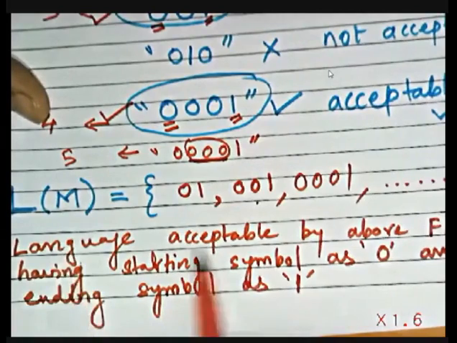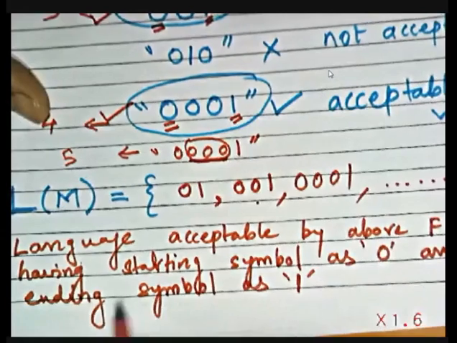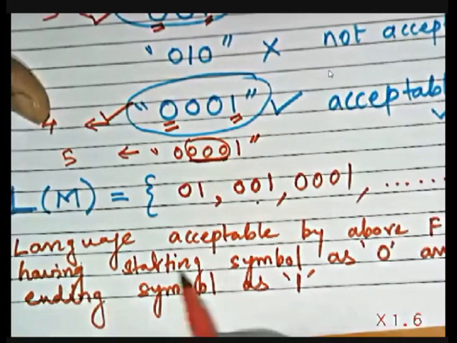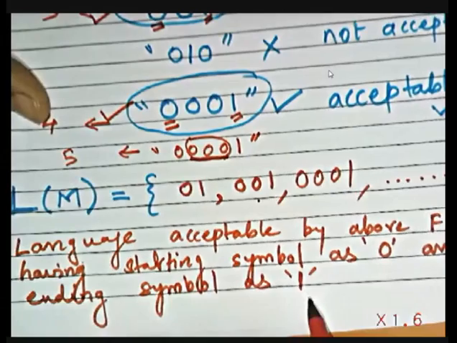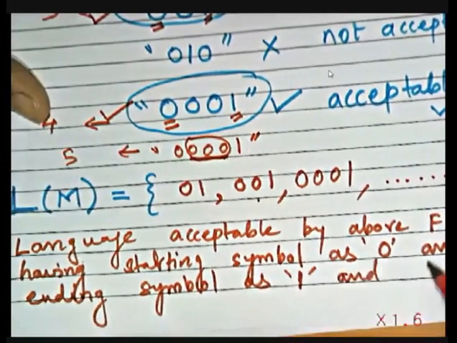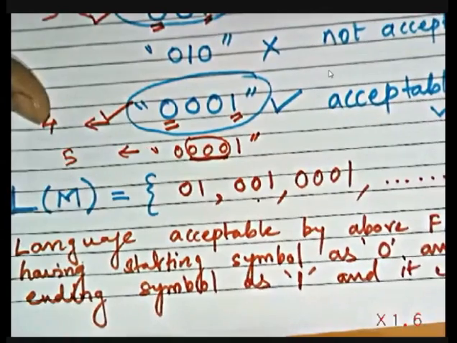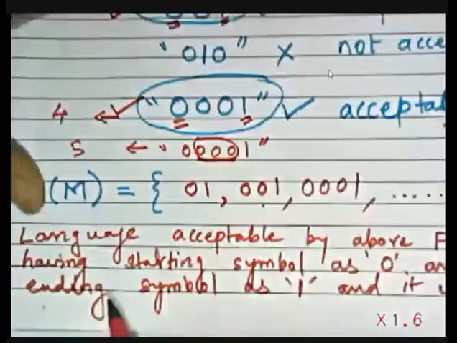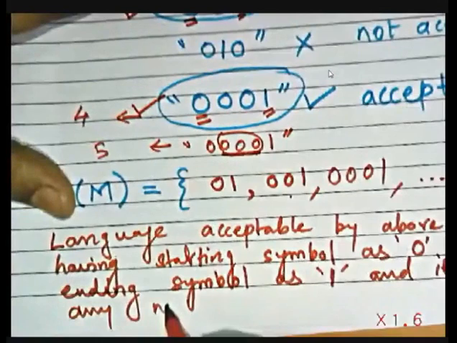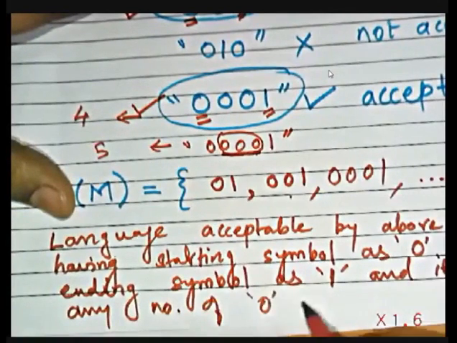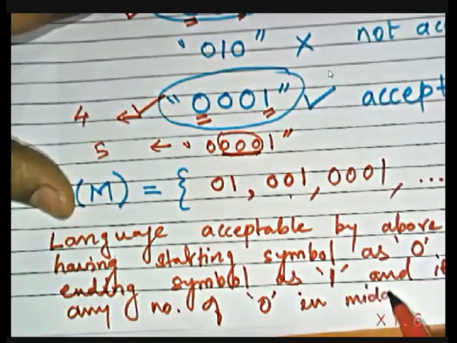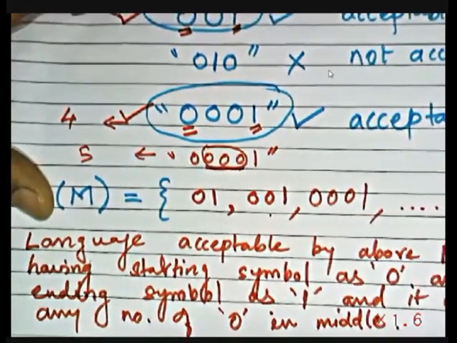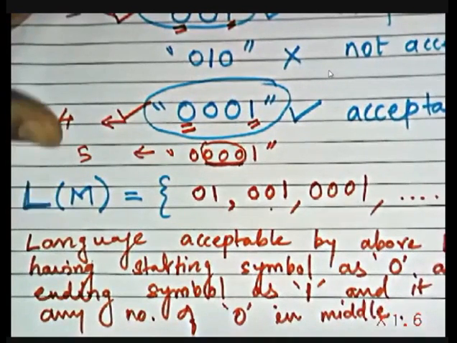The language acceptable by the above finite automata is having starting symbol as 0 and ending symbol as 1, and it can have any number of zeros in the middle. Right? So now you have a proper description of this language.